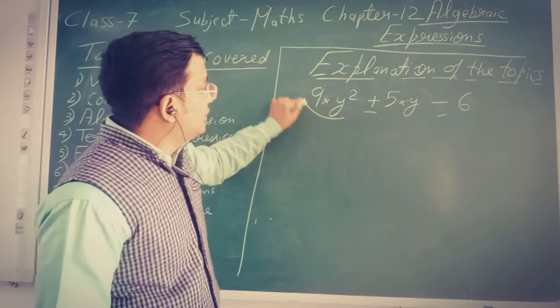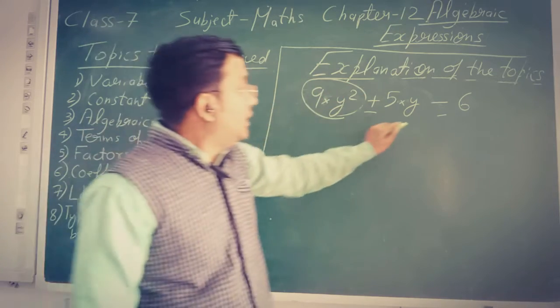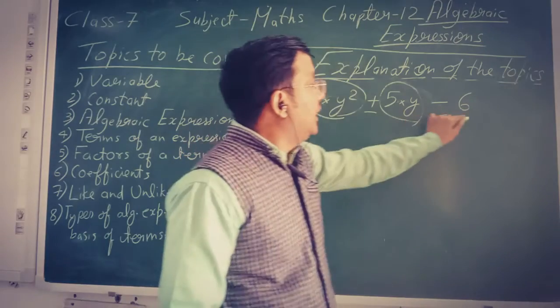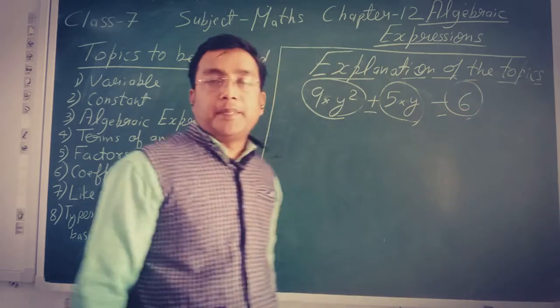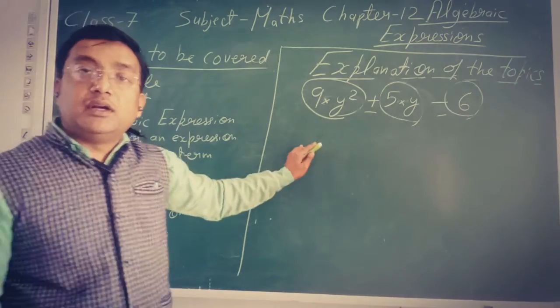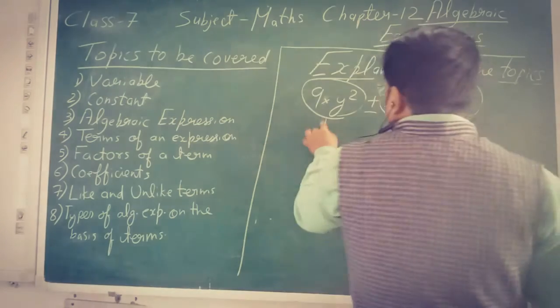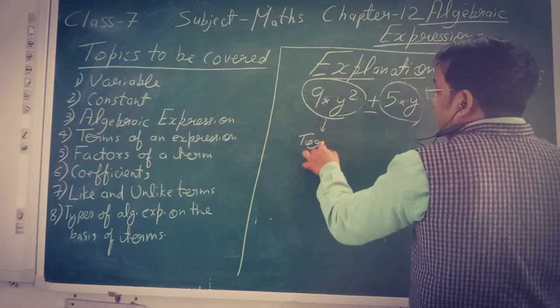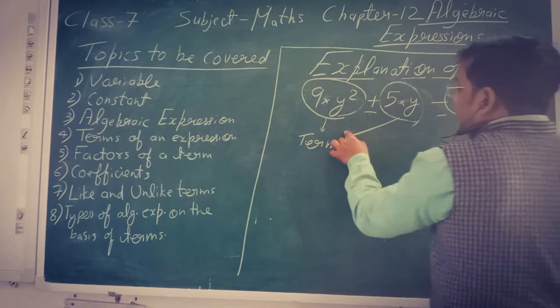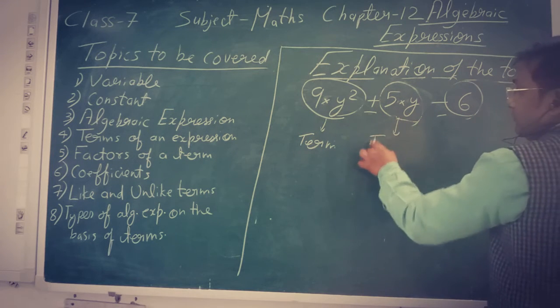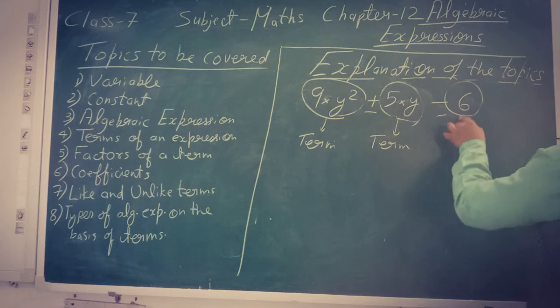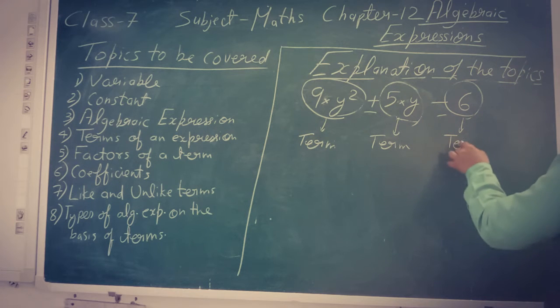One part is this, another part is this, and this is this thing. Each of these is called a term of an expression. So this is called a term. This is also called a term, and this is also called a term.